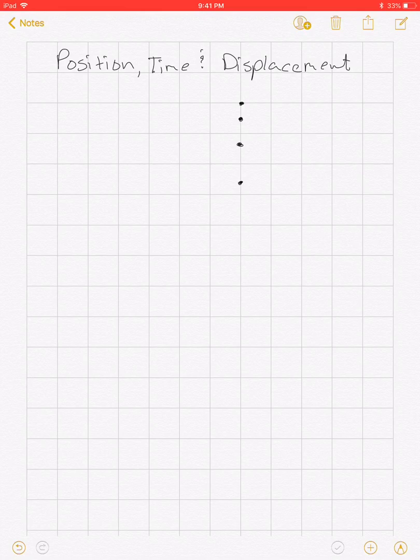So if we want to draw things on a graph, which usually we do because it makes it easier to measure things, we can say that this is x and this is y. And we know that the origin here is 0, 0. When we're drawing a position vector, we start at the origin and we go to the initial position.